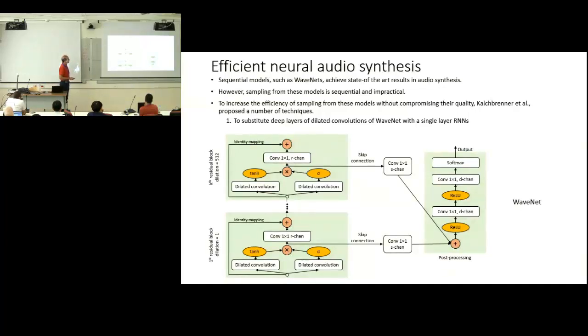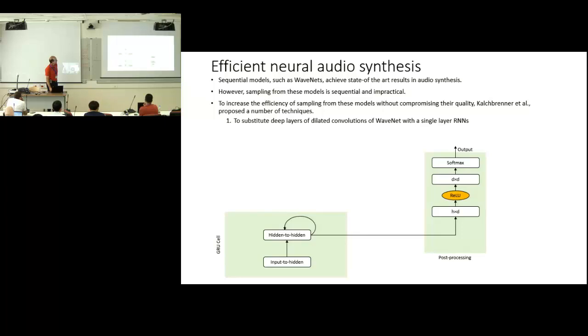Here is the Wavenet. The Wavenet has a post-processing network and these blocks of residual connections, and here is the gated construct and so on. To pass all that through 30 layers is very costly computationally.